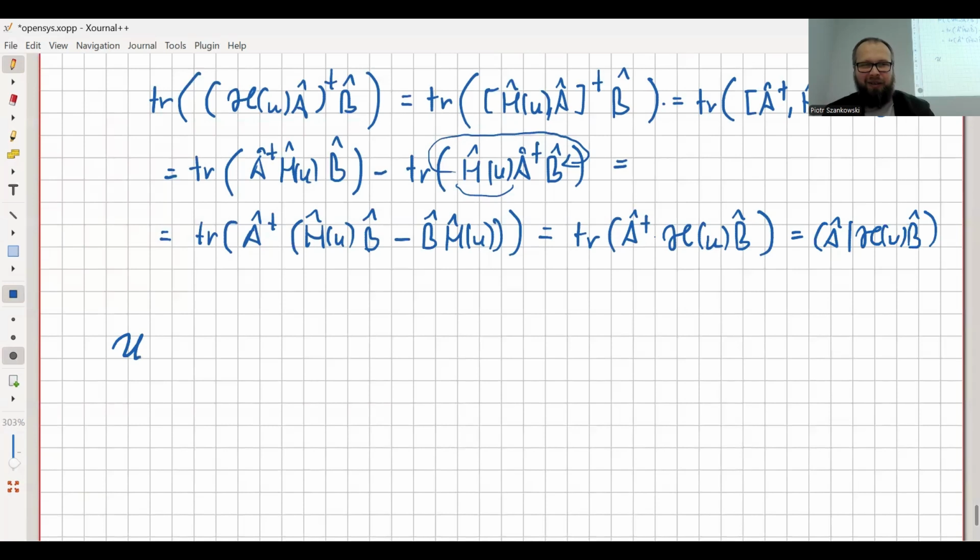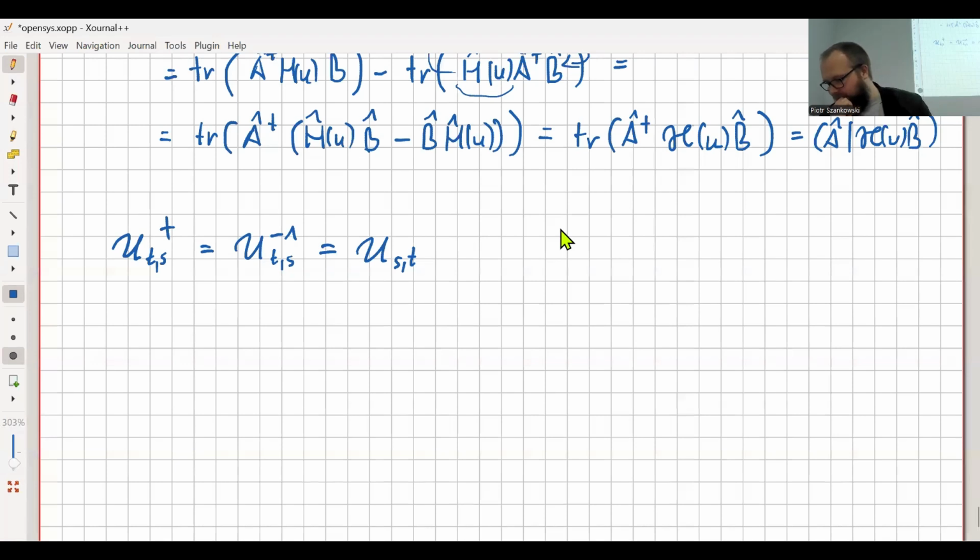So this implies that, with dagger again understood with respect to the trace inner product, this is actually U to the minus 1. So since it is a unitary superoperator, that's why it's a unitary map.